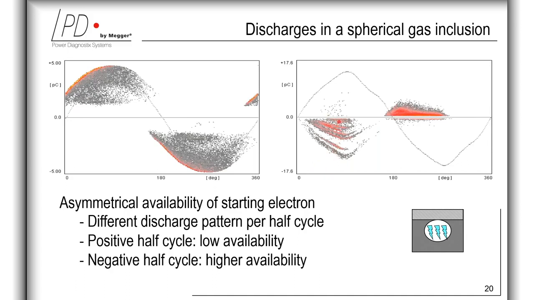And as said, it's relatively easier to distinguish. But nevertheless, on the negative half cycle, the partial discharge pattern shows a higher count rate, while the magnitude is lower. Here, the partial discharge pattern changes into this typical triangular-shaped pattern of multiple voids with high availability of electrons.